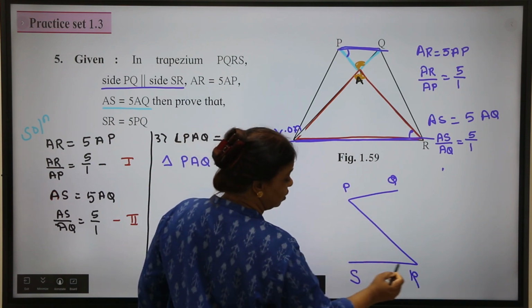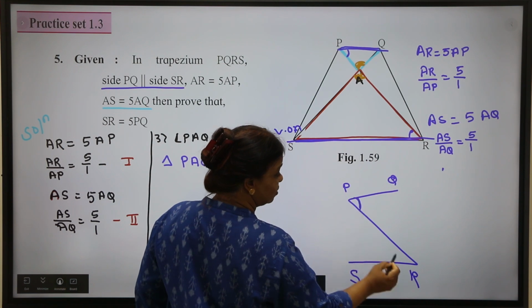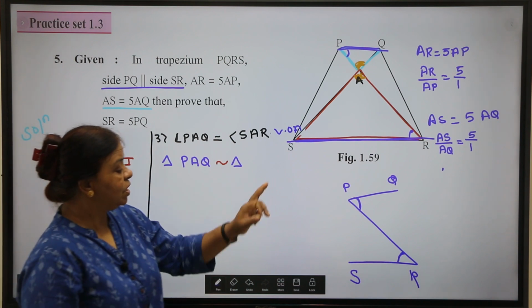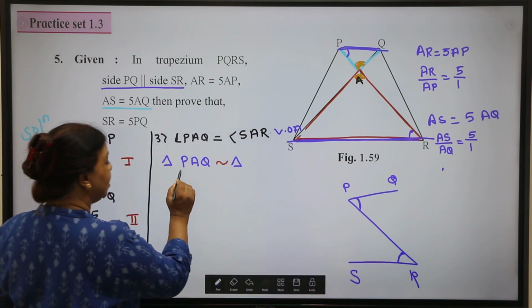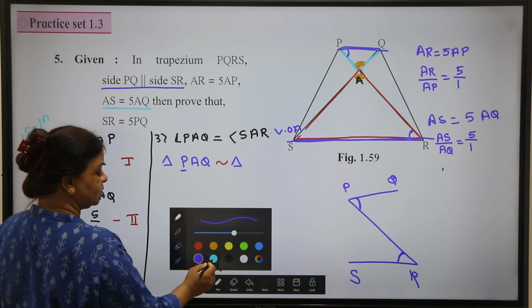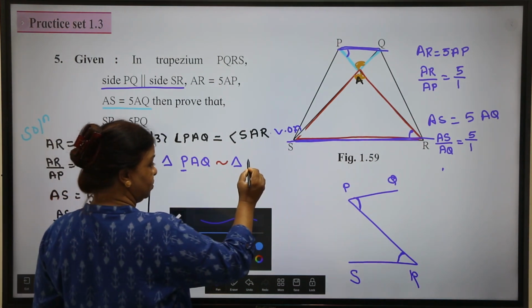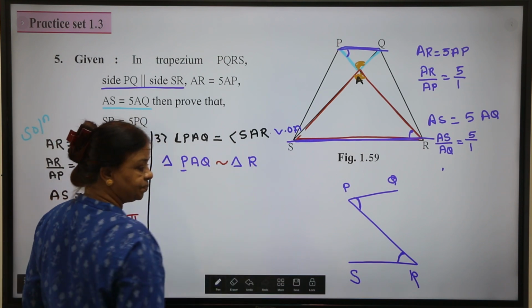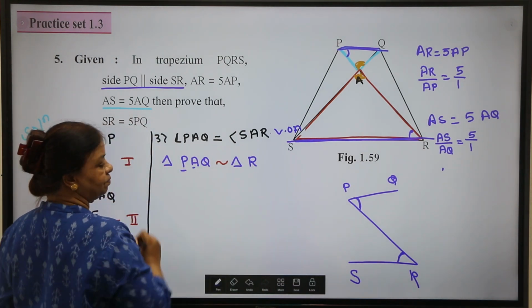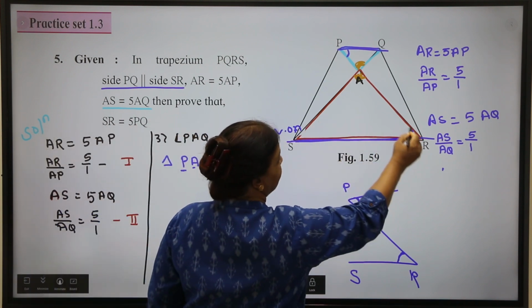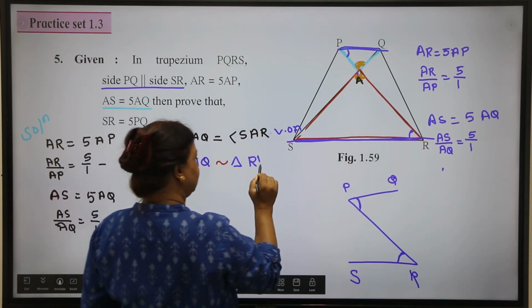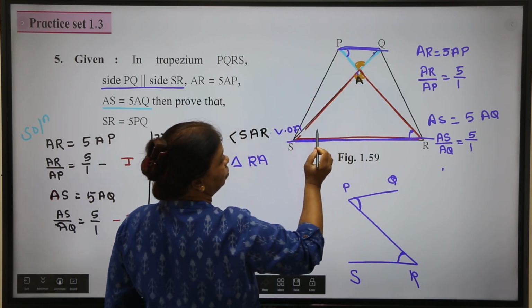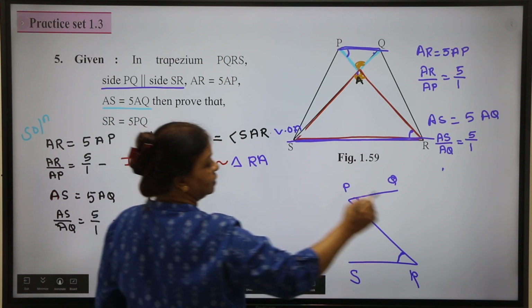PQ, and this is R and this is S. So PQ is parallel to SR, so this angle is going to be equal to this angle, alternate angle. So angle P will be equal to angle R. So if here is P, I must begin with R this side, because P is equal to R. Okay, now next is A. So in this triangle A here, Q is equal to S, same way.